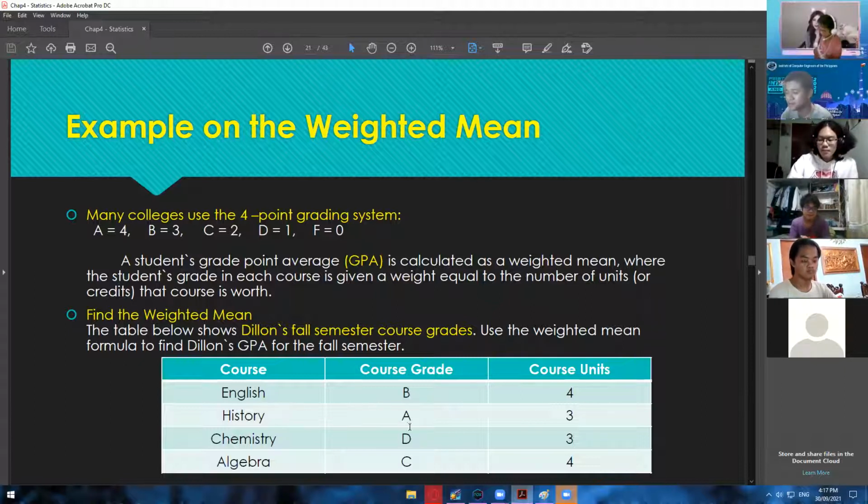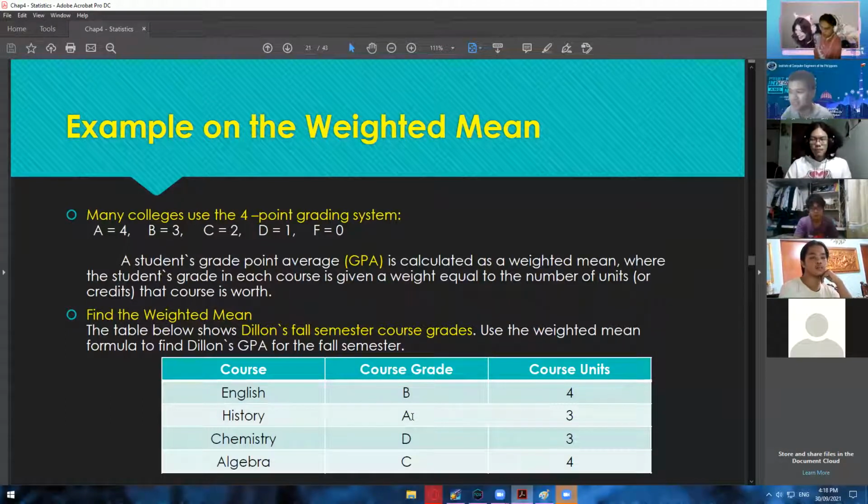Here are the corresponding course grades of the LUN. For English, I was able to get a B grade. History is A, chemistry is D, and algebra is C. In some schools, they even have A plus, A minus, B plus, B minus, etc. Here, let's just focus on the letters A, B, C, D, and even F, of course, for the failing grade.